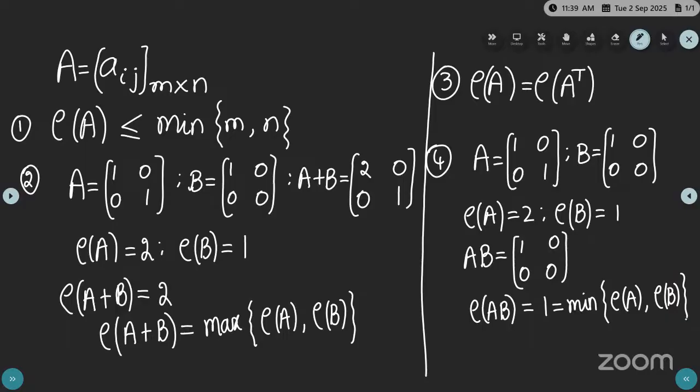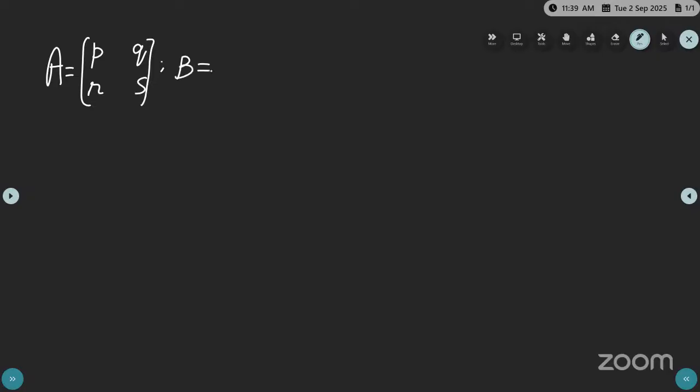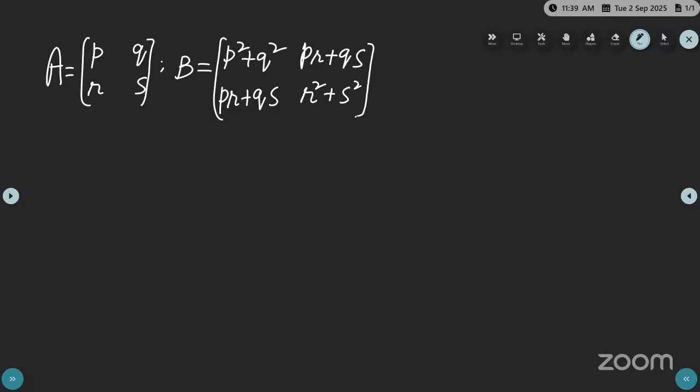Capital A equals PQRS and B equals P square plus Q square, PR plus QS, PR plus QS, R square plus S square.